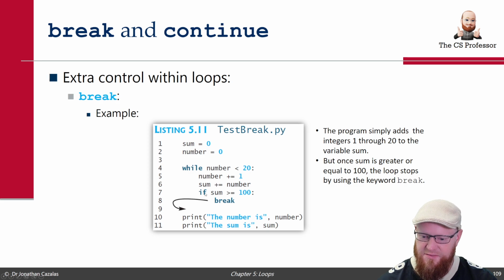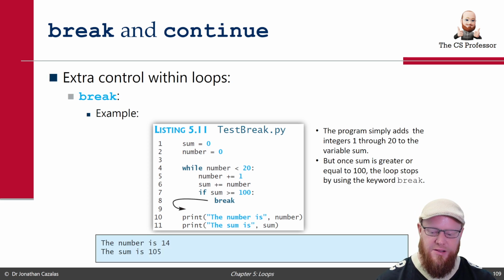However, because of this if statement, we have a but. We're not going to maybe make it all the way to where number is 20, because we have a statement that says if the sum ever reaches greater or equal to 100, stop looping. There's no need to even continue. If you were to type this into Thonny and debug it, you would see that it would keep looping.